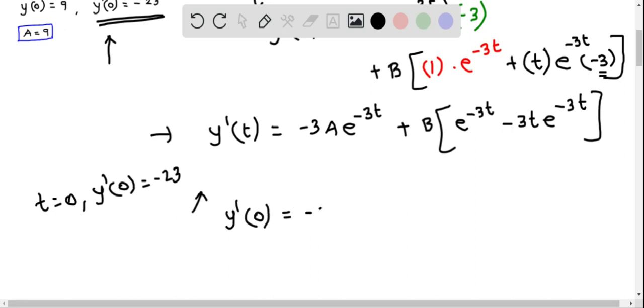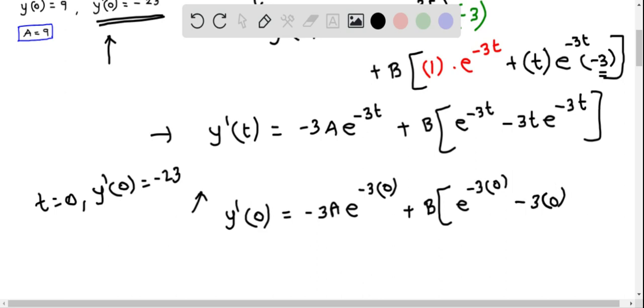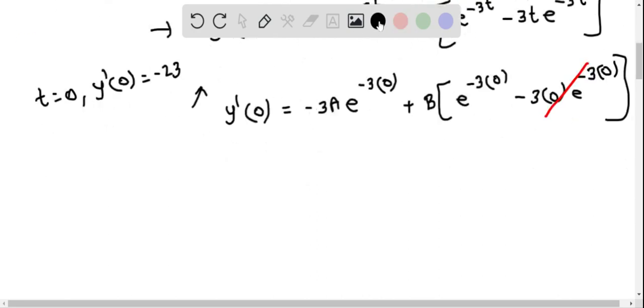This equals negative 3a e raised to the power of negative 3 times 0 plus b times e raised to the power of negative 3 times 0 minus 3 times t, where t is replaced as 0. So this becomes negative 3 times 0 e raised to the power of negative 3 times 0. So we closed it. Now we can clearly see that this term becomes 0 because 3 times 0 is 0. So let me simplify this.